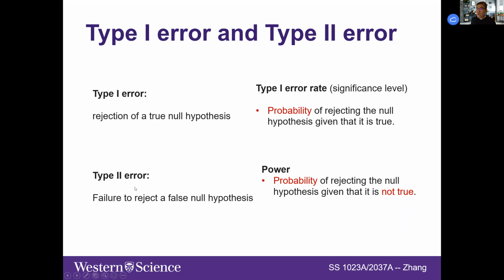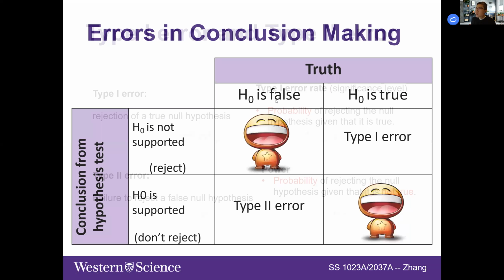And type 2 error refers to failing to reject our hypothesis given that our null hypothesis is incorrect, which is given by this column, and we fail to reject it. That's the type 2 error.